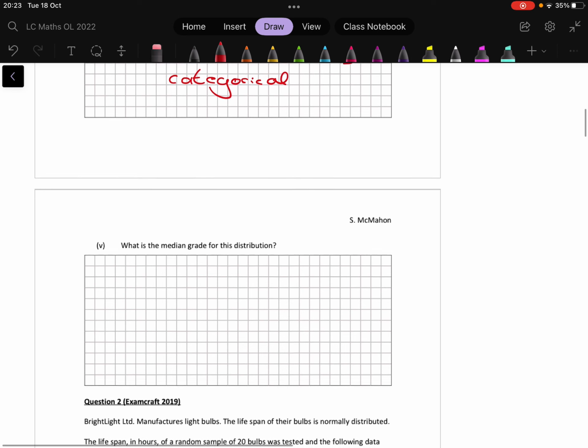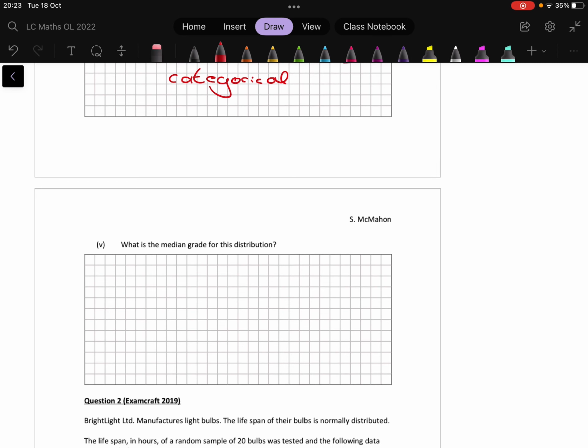Part 5 asks us what is the median grade for this distribution. So again, we have to remember what that word median means. So median is the middle value when they're arranged in order. With a frequency table like this, they are arranged in order already for us. So we have to work out what is the middle value. So first of all, we have to work out in terms of 21 students, who would be the middle student.